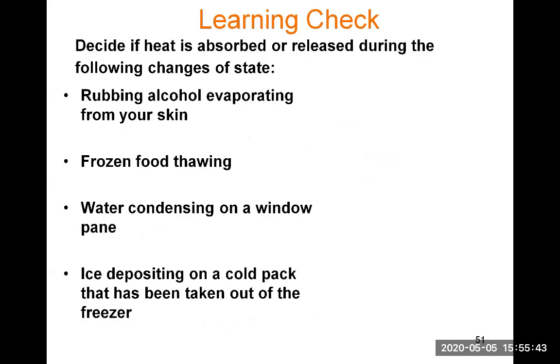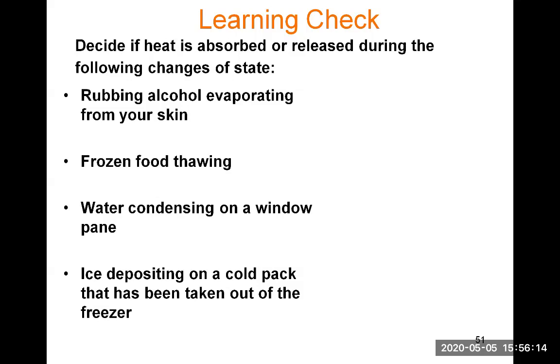The rubbing alcohol is evaporating and disappearing, going from a liquid phase to a gaseous phase. It's evaporation, and evaporation is endothermic. Endothermic means the alcohol will need to absorb heat from the surroundings to be able to go into the gas phase.